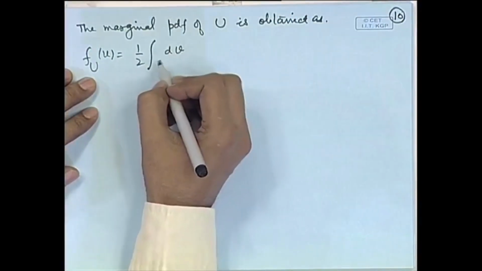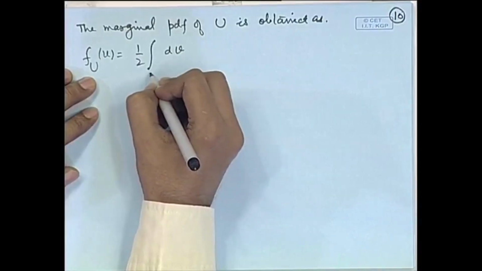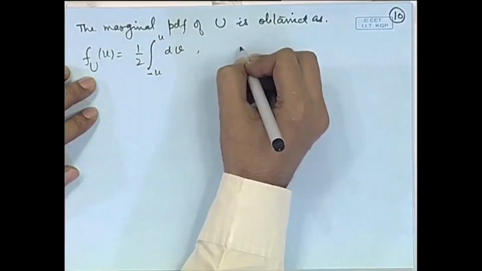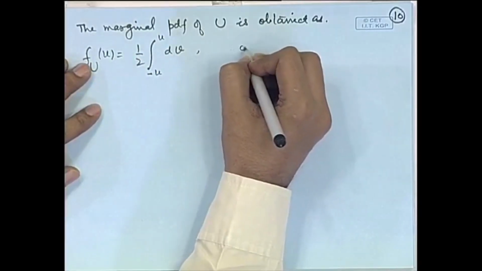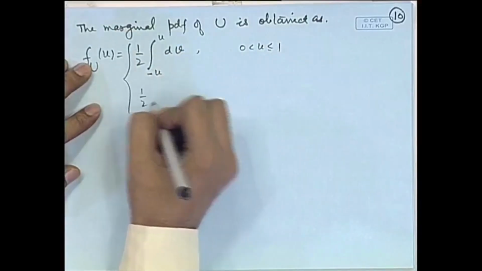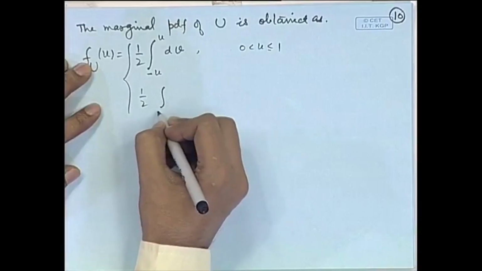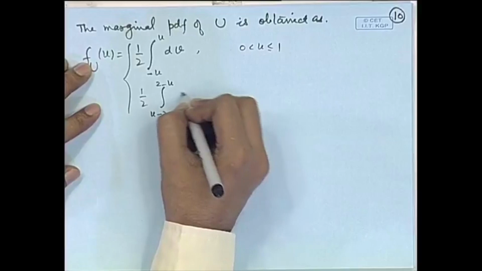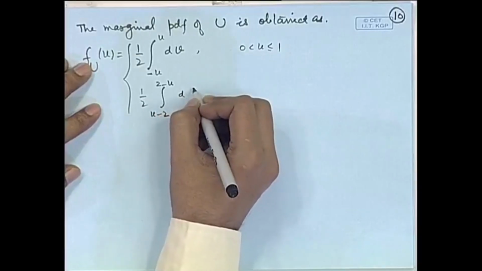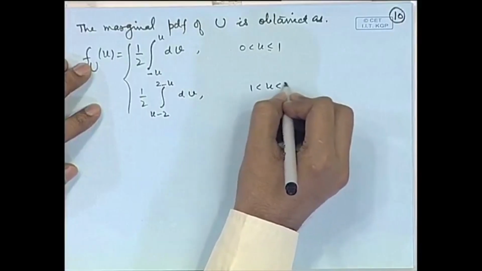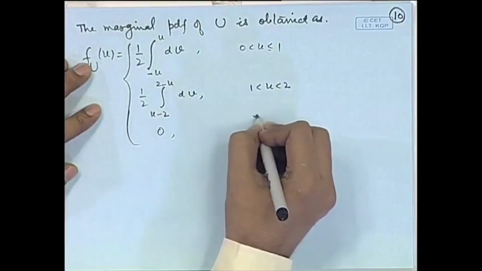So, if we determine the region, it is from minus u to u, half dv if u is between 0 and 1, and u minus 2 to 2 minus u, half dv if u is between 1 and 2, and 0 elsewhere.